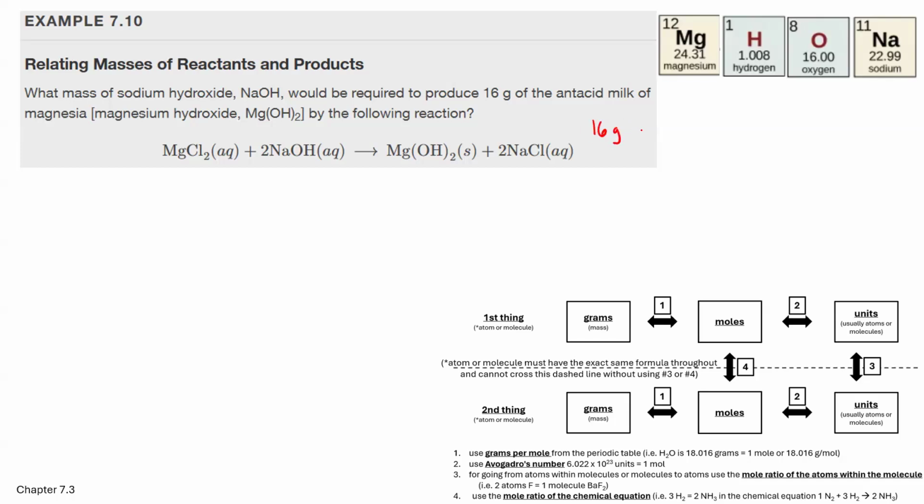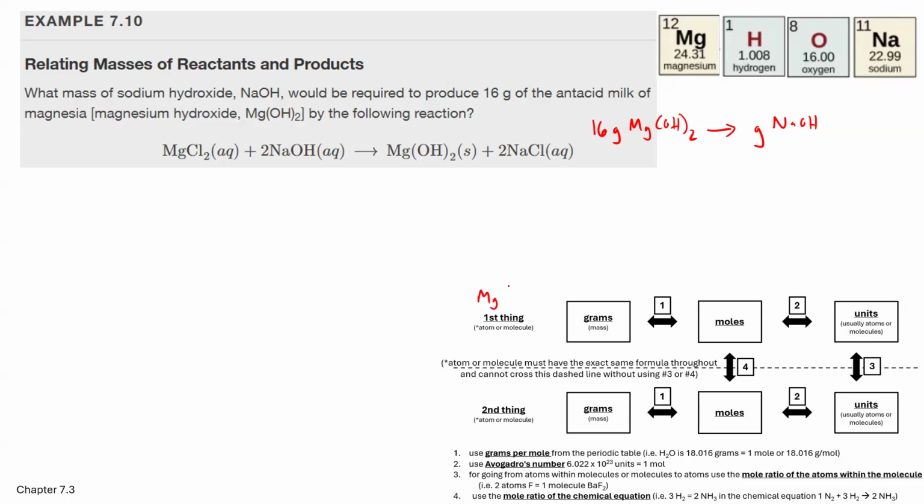We have 16 grams of magnesium hydroxide, and we're trying to get to mass, this is also grams of sodium hydroxide. So let's write our formulas.